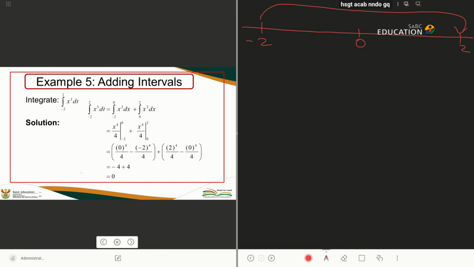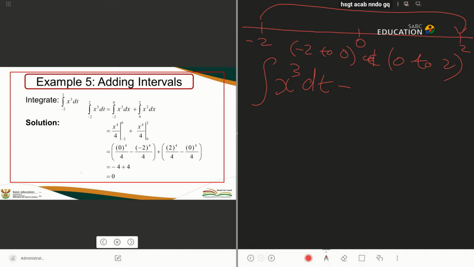We need the integral of x to the exponent of 3 dx. If it is stretching between the two, then you must split this into from -2 to 0 and from 0 to 2. Then from there you determine your proper integral.